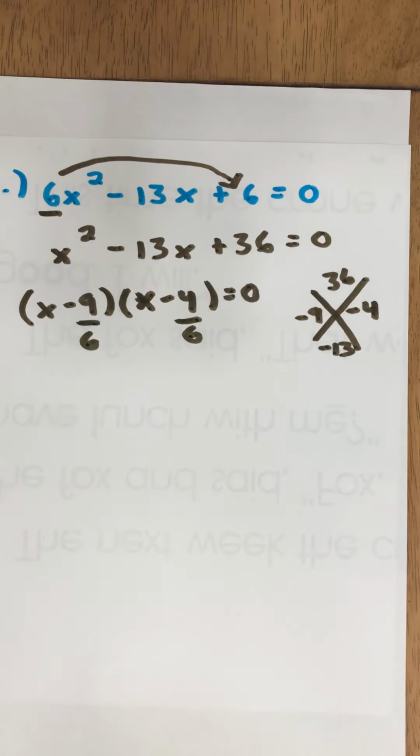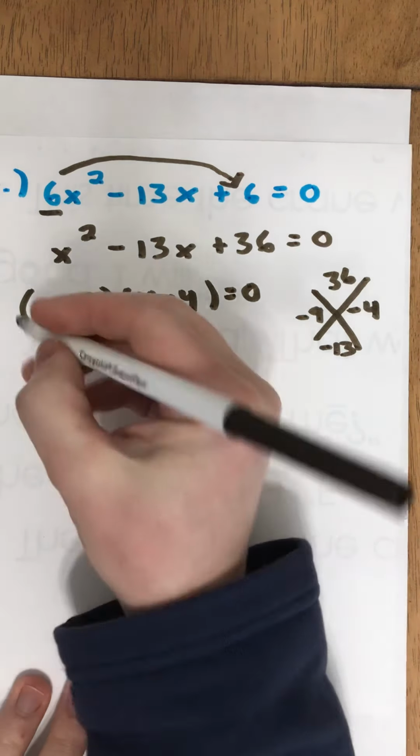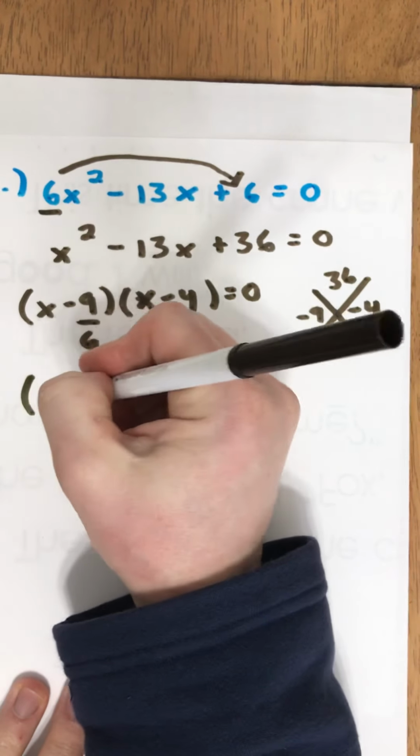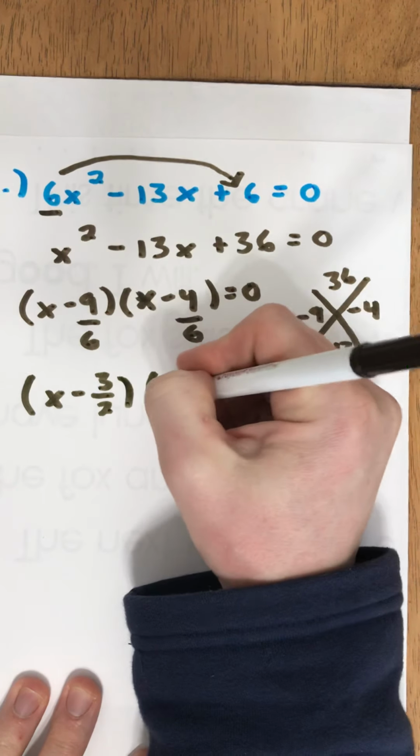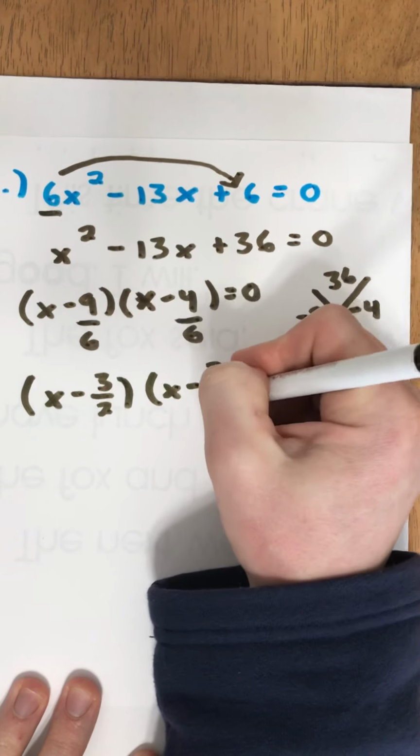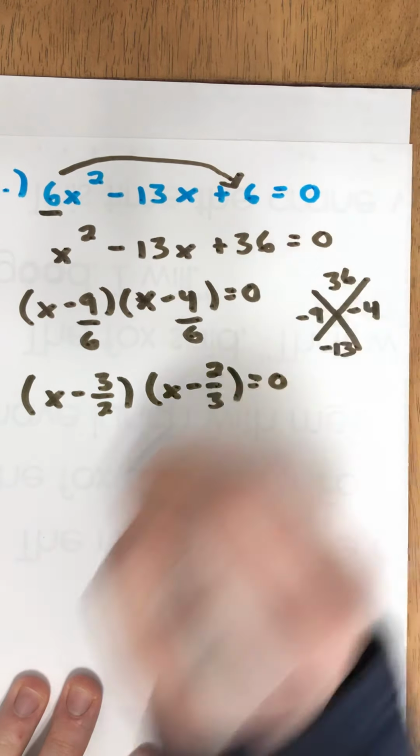So I've got x minus 9, 6, and x minus 4, 6 is equal to 0. We do want to make sure we reduce these fractions as much as possible. So I'm going to make this x minus 3 halves and x minus 2/3 equal to 0.